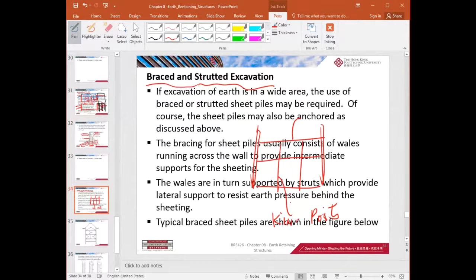King post, and here is the horizontal strut. Of course, it gives you the support for this soil pressure behind the wall, right?